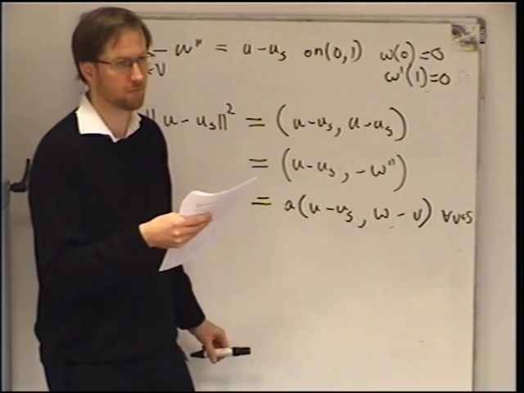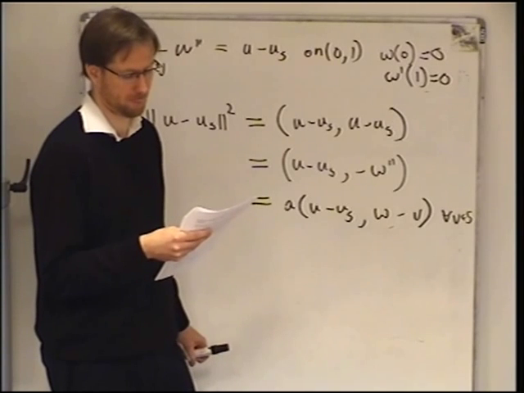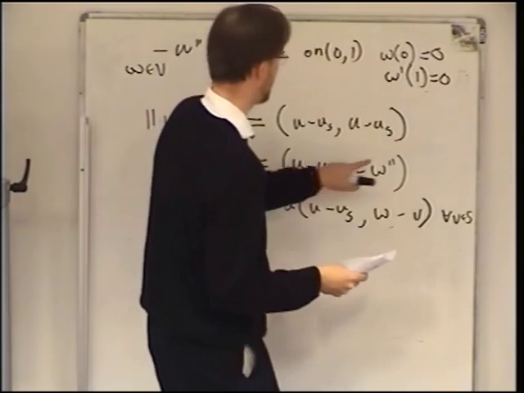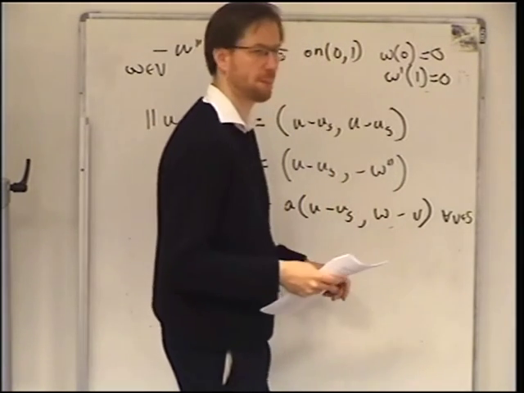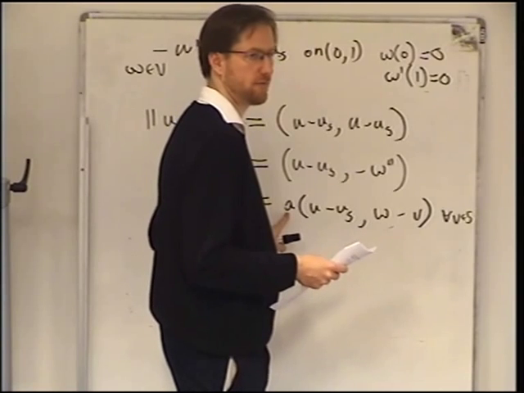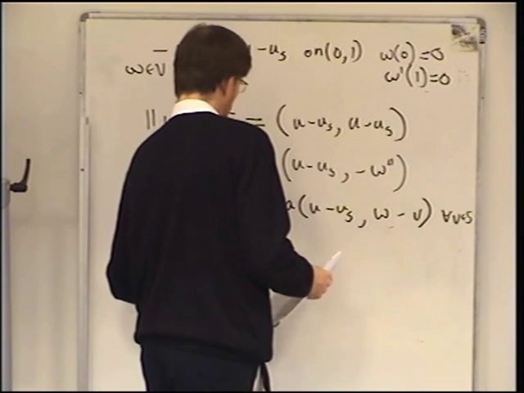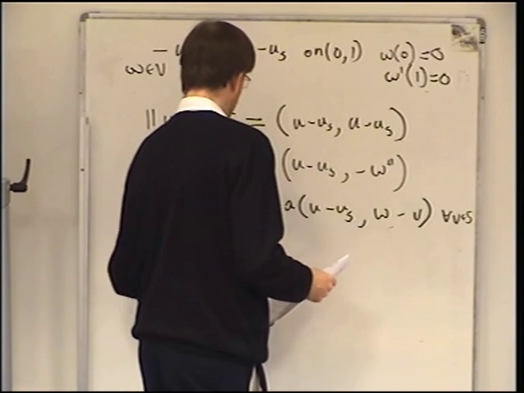In the previous step, you've got FV, where V is minus W prime, double prime. Yeah, that's right. And then this is an A. I need to use different letters here to avoid confusing things.